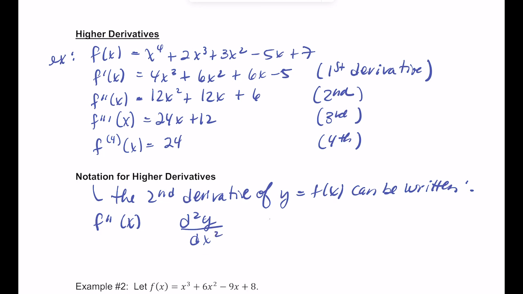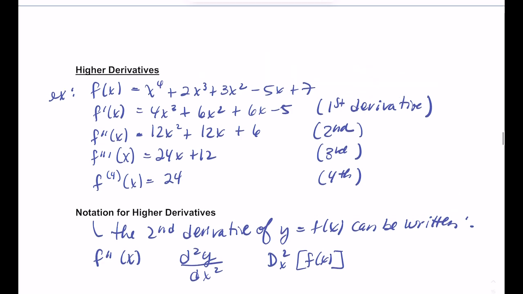So the second derivative of y with respect to x. You could also use this notation, okay, which we've seen show up in the book occasionally. So the only difference is there's a 2, and that 2 means second derivative of f of x with respect to x, okay, etc.